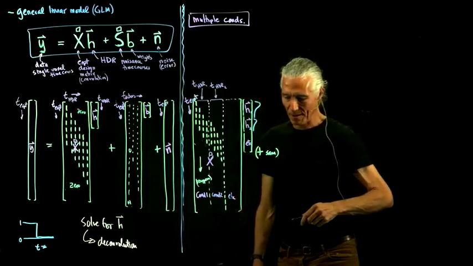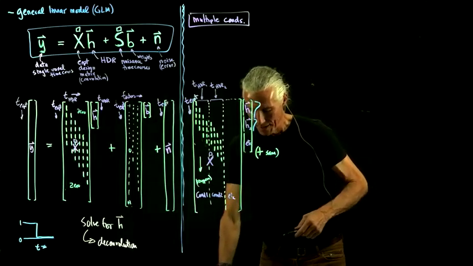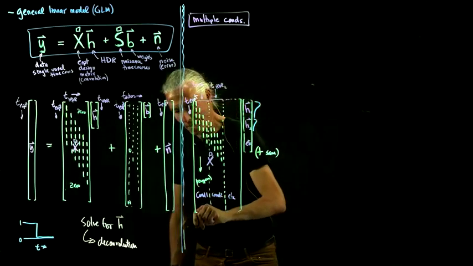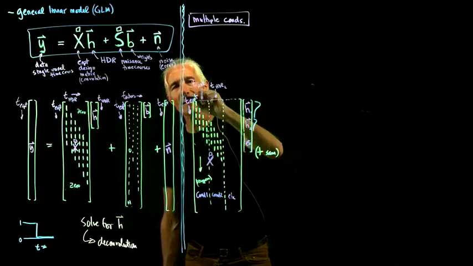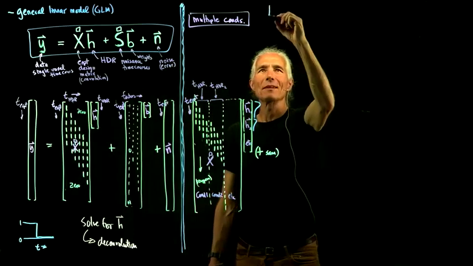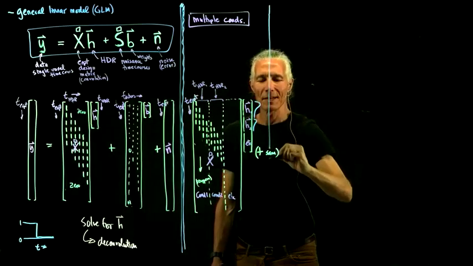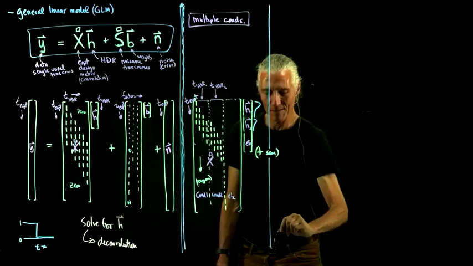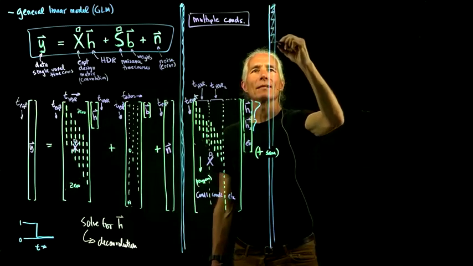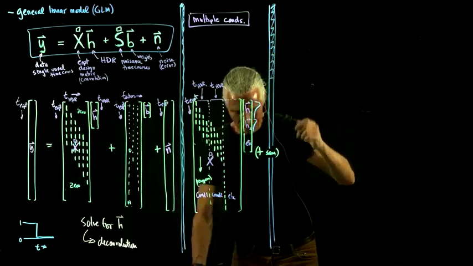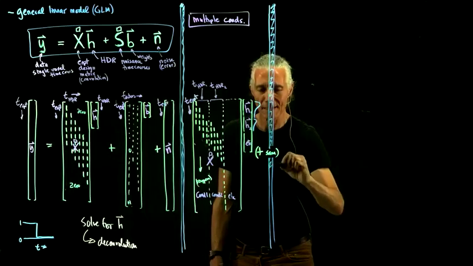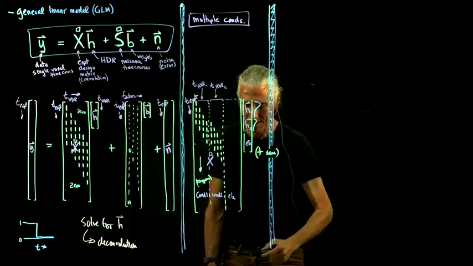So now, if you've read any papers about analysis of fMRI data, you'll see that there's often multiple different ways of writing out the same thing. So let's just write out a couple more ways that you might see in the literature of what this looks like.